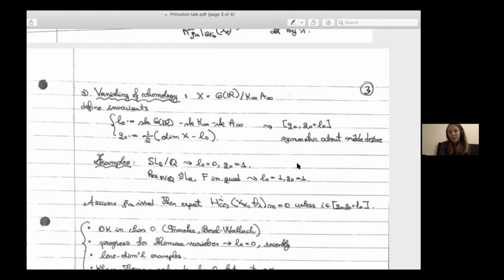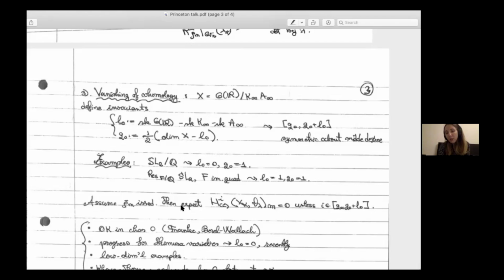Okay, so I've now defined for each locally symmetric space a range of cohomology degrees that we should be looking at. And now we want to assume that the residual representation is irreducible, really absolutely irreducible.